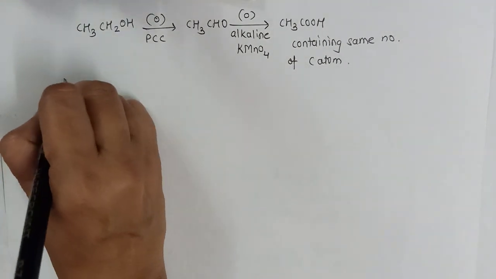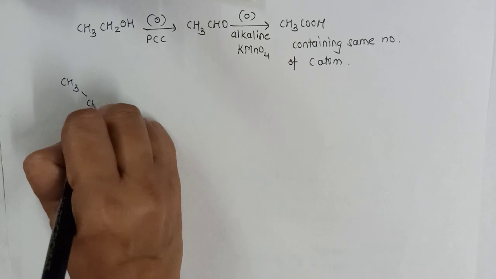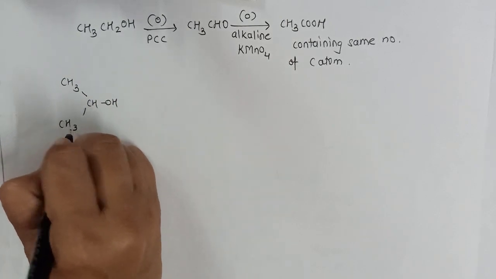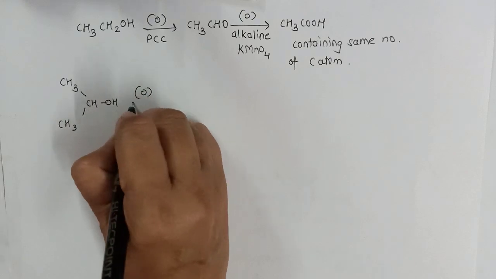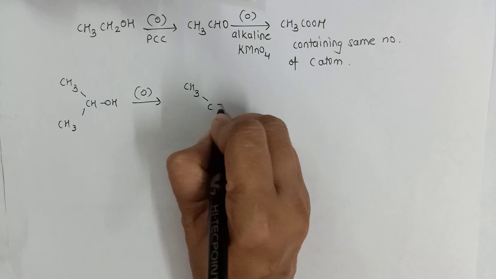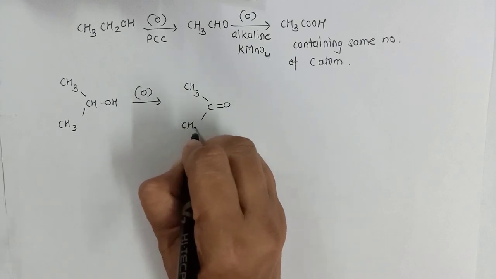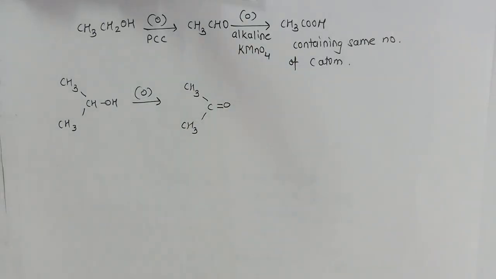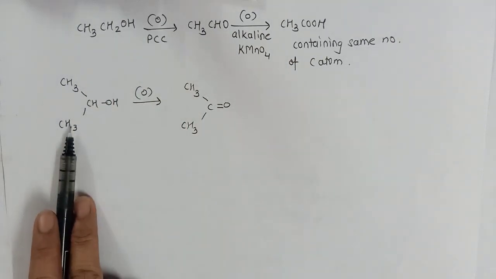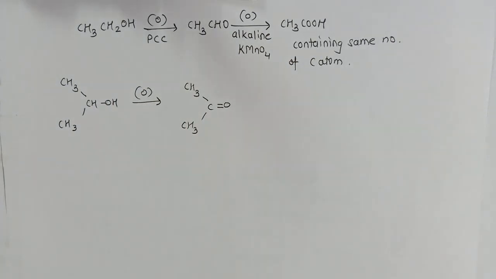Suppose I have taken a 2 degree alcohol like propan-2-ol. Then on oxidation it will give me ketone. So I will say the alcohols on oxidation will give carbonyl compounds like aldehyde and ketone. Now it will depend: if it is a 1 degree alcohol then aldehyde, if it is a 2 degree alcohol then ketone.